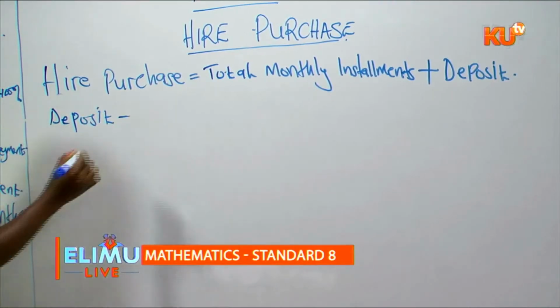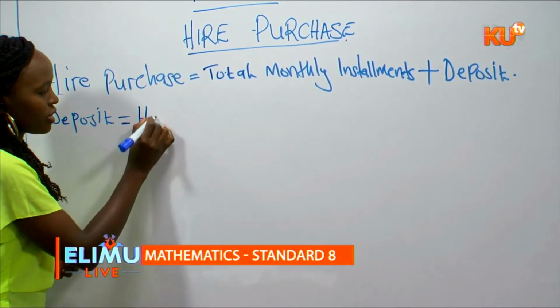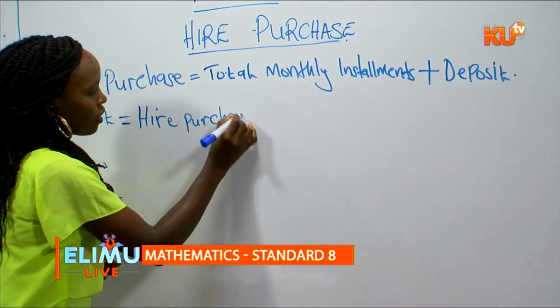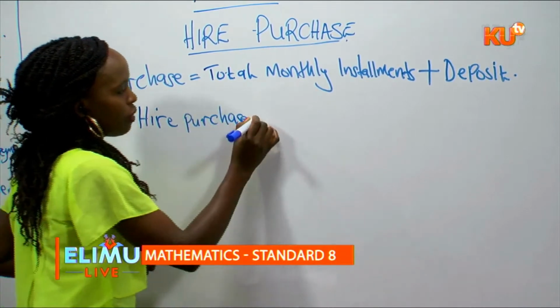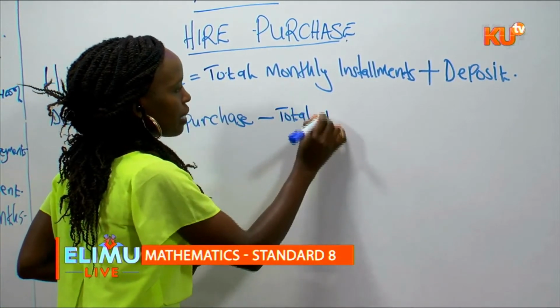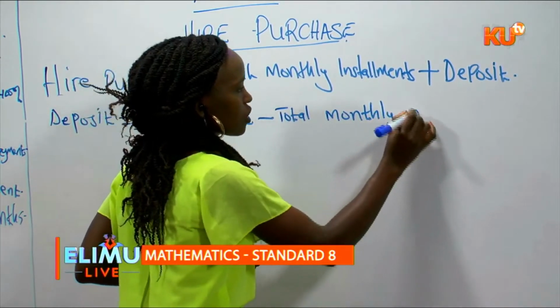To get the deposit, we say that deposit is equal to the hire purchase minus the total monthly installments.